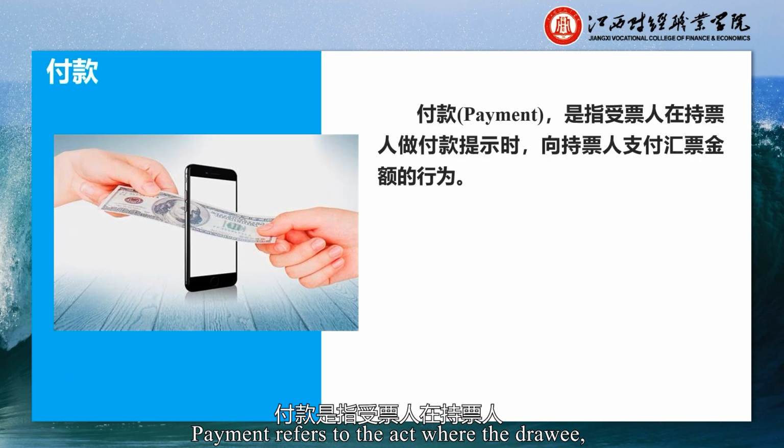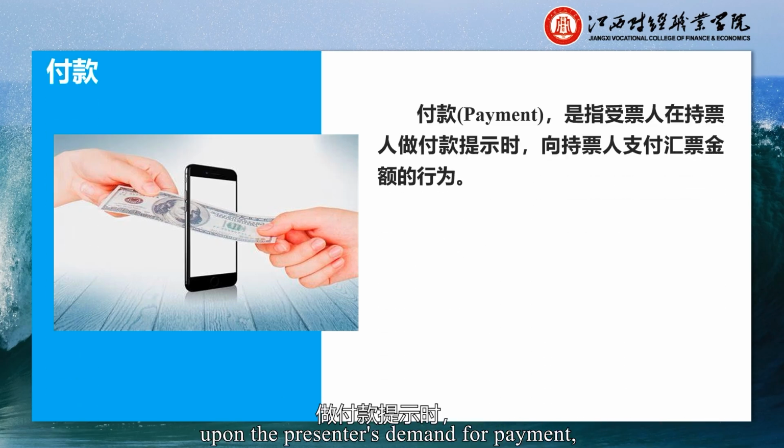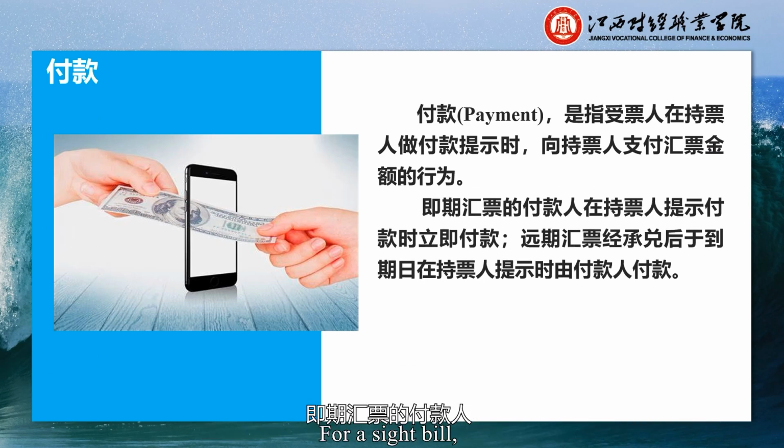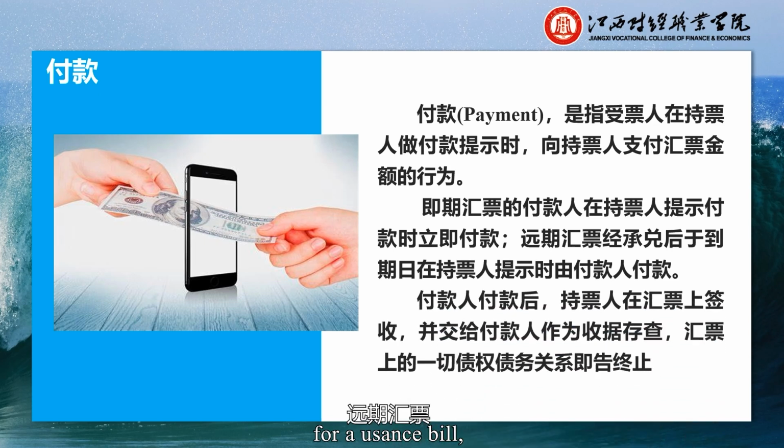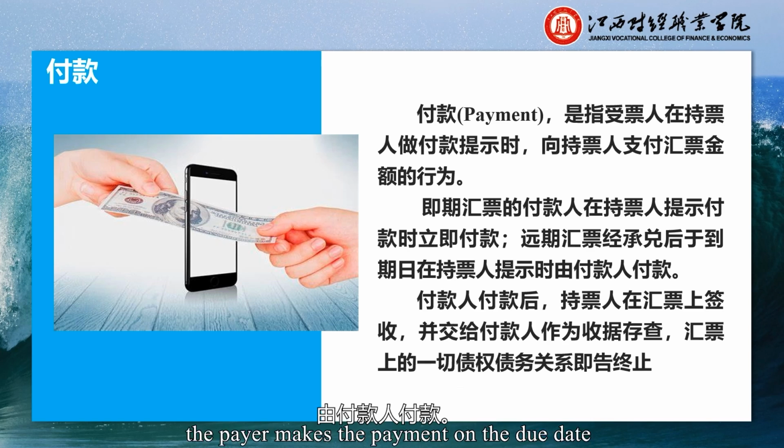Payment refers to the act where the drawee, upon the presenter's demand for payment, pays the presenter the amount of the bill of exchange. For a sight bill, the payer pays immediately upon the presenter's demand for payment. For a usance bill, after acceptance, upon the presenter's demand, the payer makes the payment on the due date.